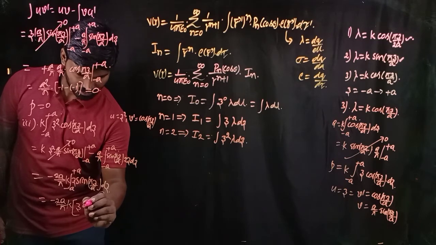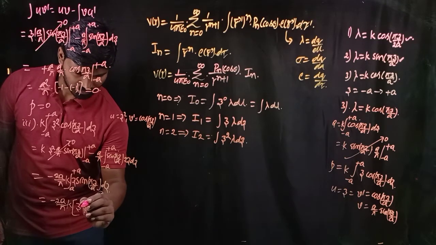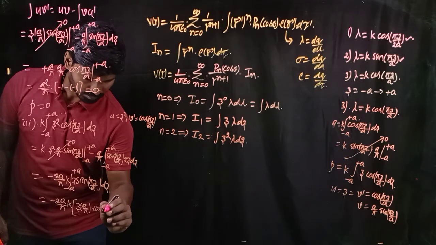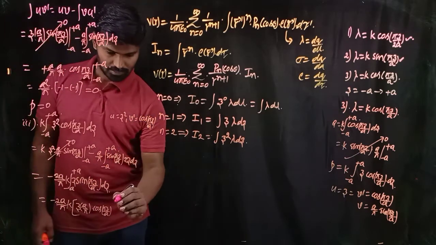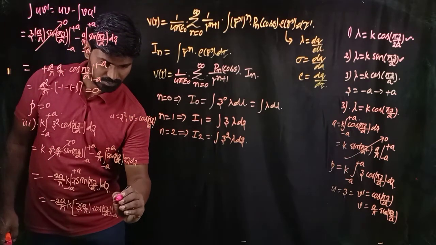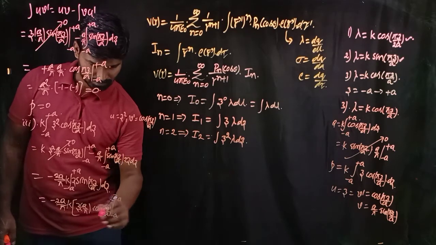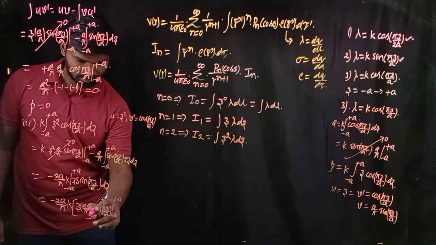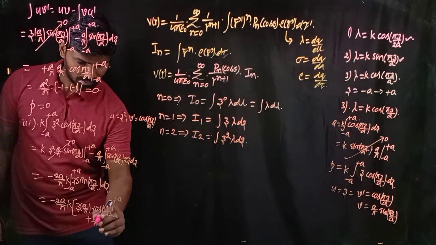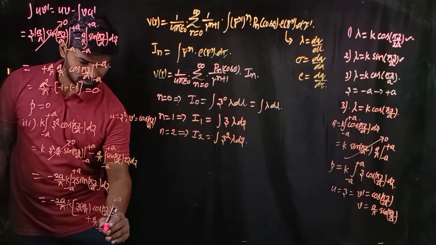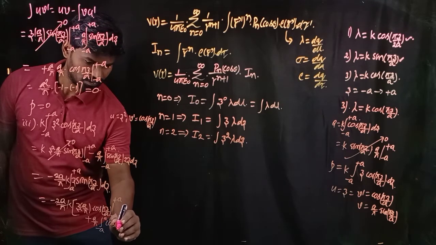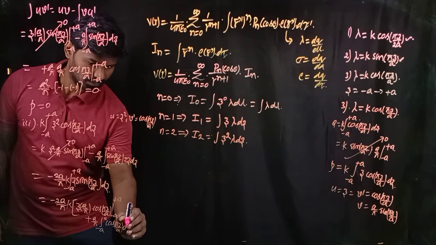Into v is how much? a divided by pi into minus a divided by pi into cos of pi z divided by a, between the limits minus a to plus a. Next, minus vu dash. So minus plus a divided by pi into summation over minus a to a cos pi z divided by a dz.